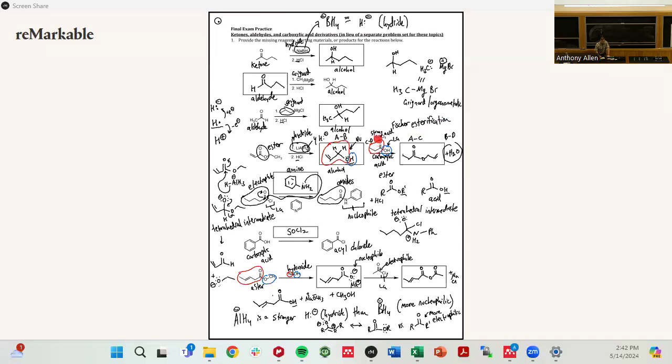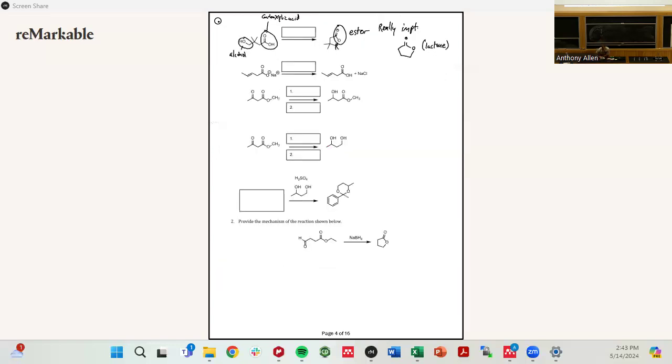Alcohol, acid, and then it's kind of difficult to see here, but H2SO4. This is a Fischer esterification.